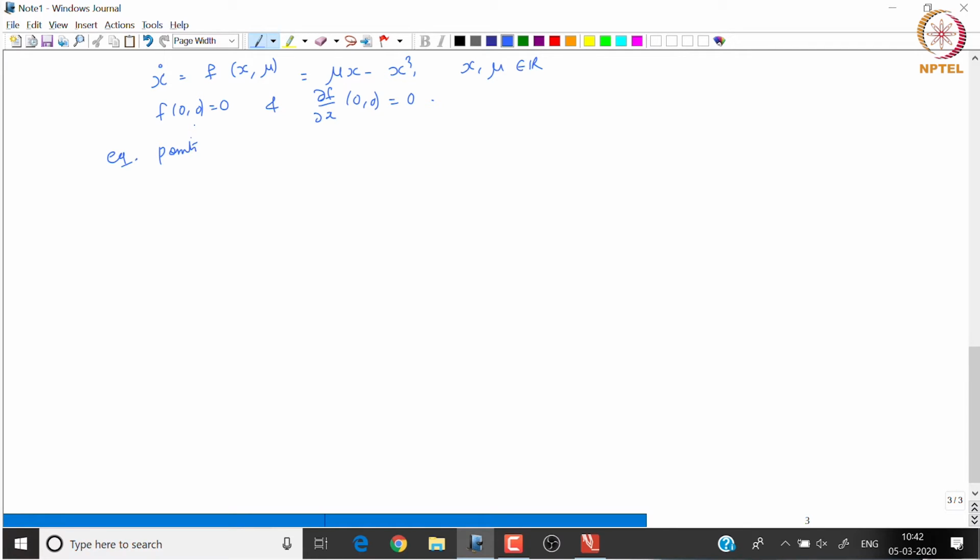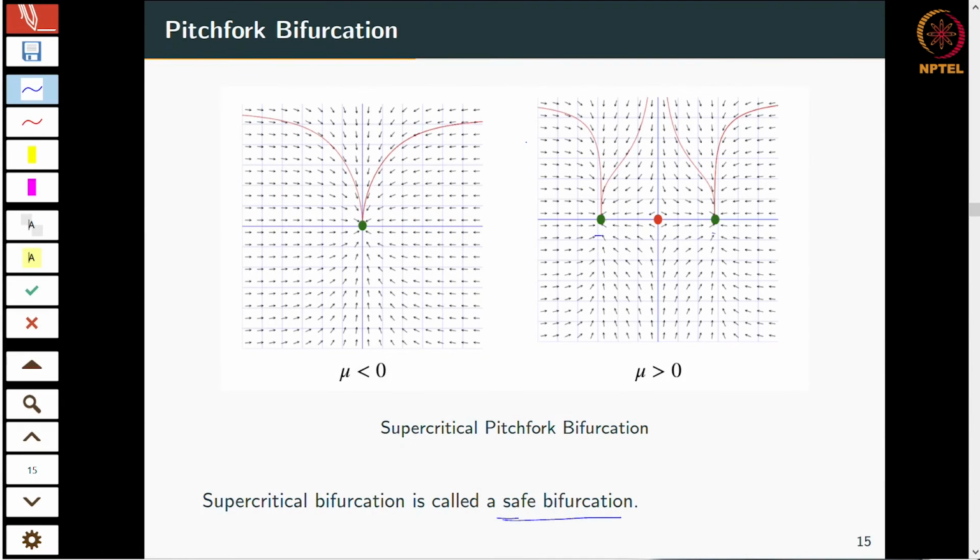Equilibrium points for this system are as follows. So for mu less than 0, there is one fixed point, x equal to 0, which is stable. So you can also compare with what the pictures we had earlier, right.